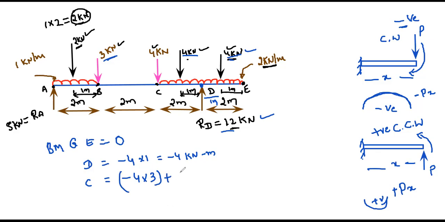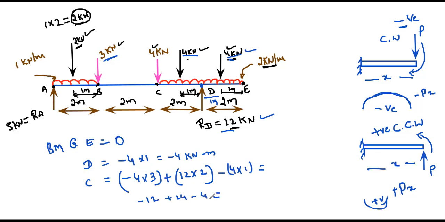So the intensity is 12 kilonewton multiplied with the distance, which is 2 meter. Next, I have a downward acting force 4 kilonewton and the distance is 1 meter. So if you simplify, you will get minus 12 plus 24 minus 4.